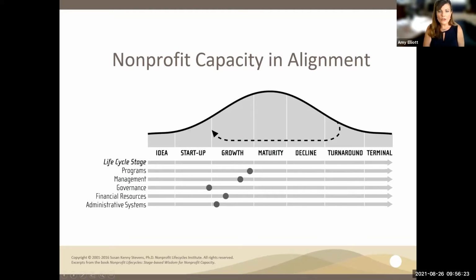Okay, so this is what, if you were going to fill out that little chart, which I sent everybody one, if you were going to fill out that little chart with where you thought you were in your capacity, this would be an example of a chart of an organization that was pretty much in alignment. Most of their dots, most of their parts of their organization are somewhere in the growth stage.